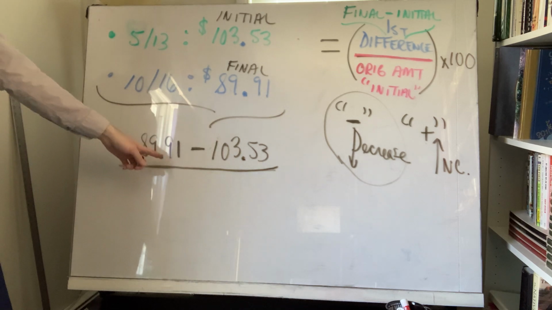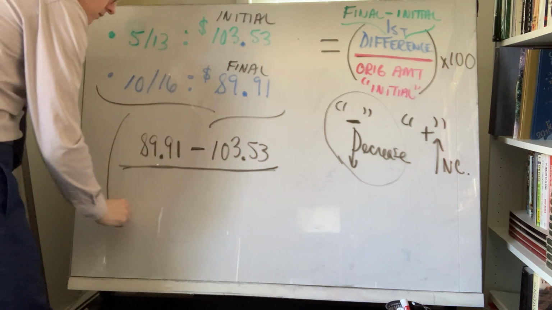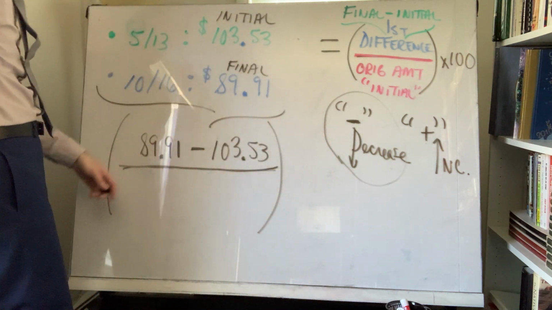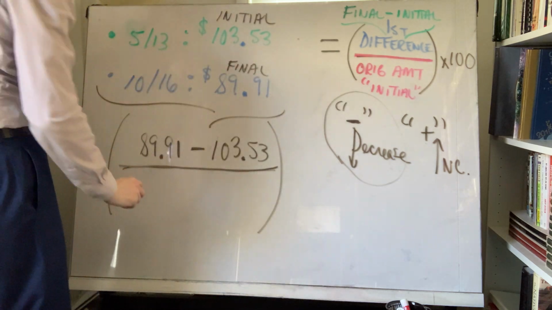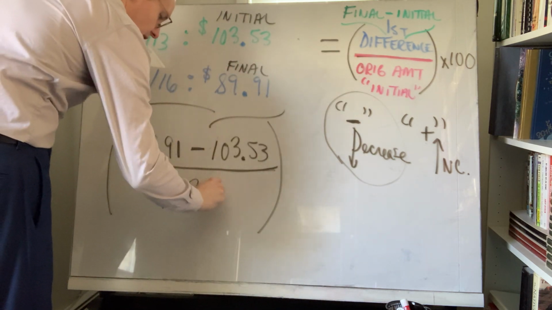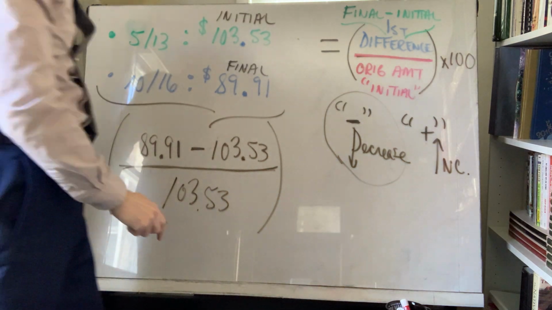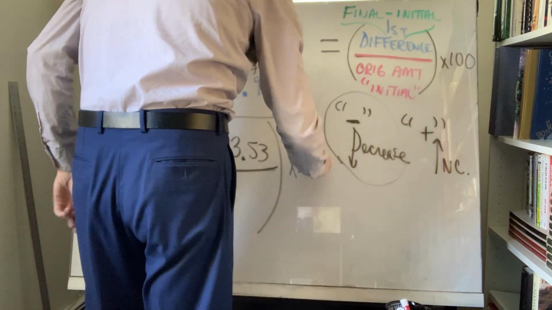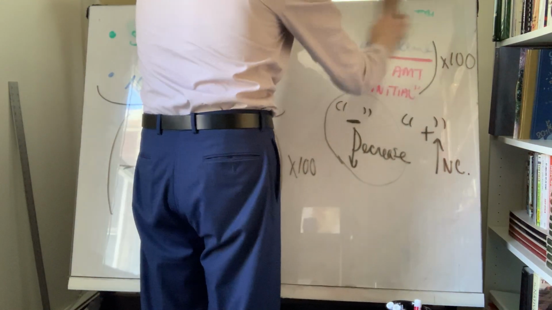So 89.91 minus 103.53, and then you will divide by the original amount. The initial price was the same figure, 103.53, times 100 to make it a percentage.